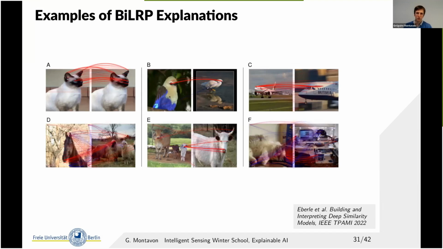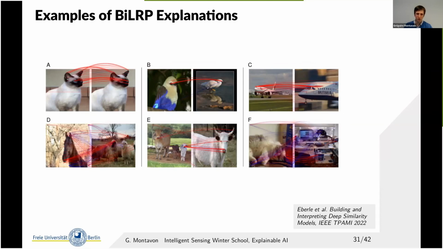You can also give two different images, for example here two birds, and it looks at the eyes of the bird as being the reason why these two images are predicted to be similar. Same with the airplane. You can see that the front part, the cockpit, is the main reason for these two images being similar.